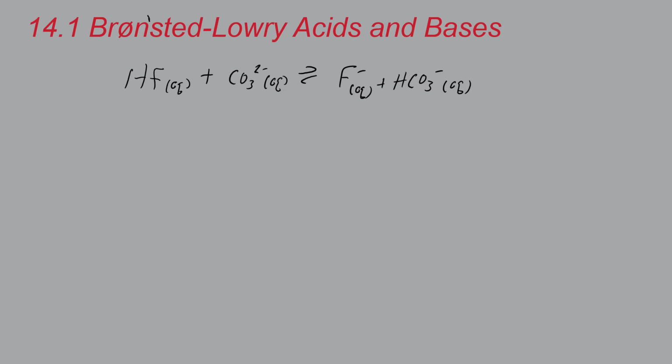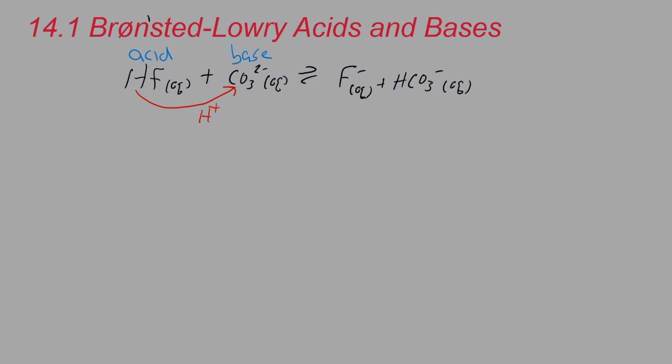So this tells us that the proton transfer is going from the HF to the carbonate, which means that the HF is the acid and the carbonate is the base. So the HF is the proton donor and the CO3 is the proton acceptor.